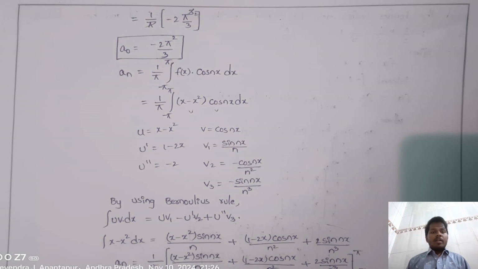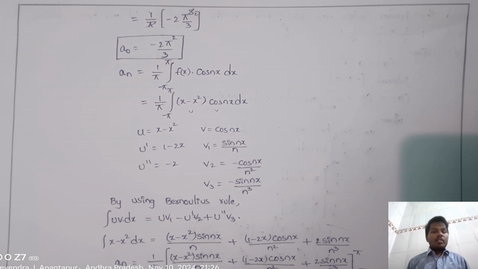and in the same way an is equal to 1 by pi integral minus pi to pi f of x cos nx dx. So we have to find the an value. So we have to use UV rule here, where u has to be differentiated and v has to be integrated.